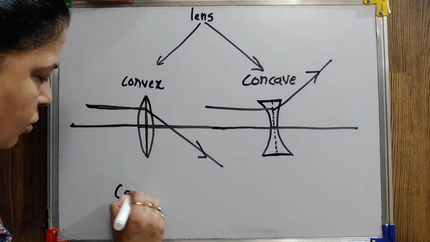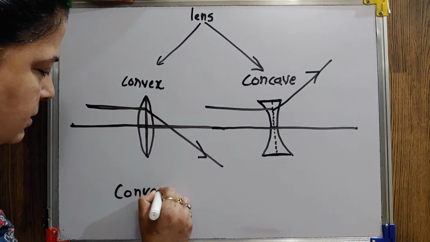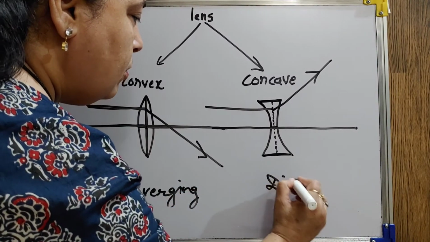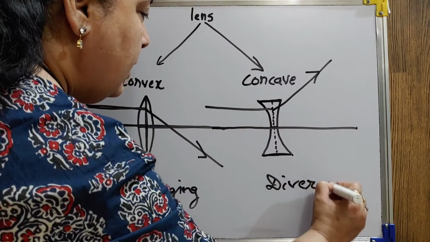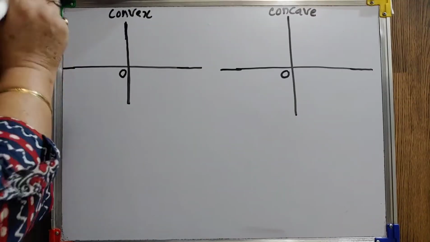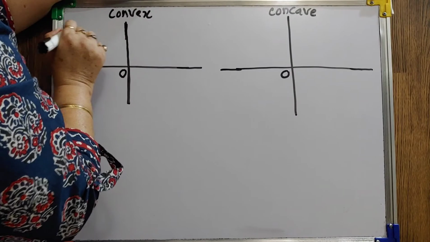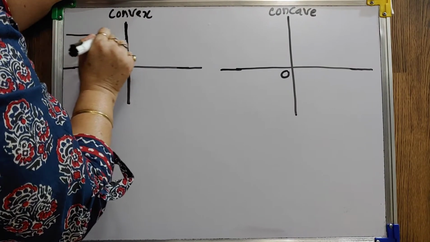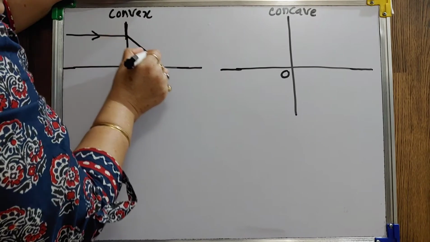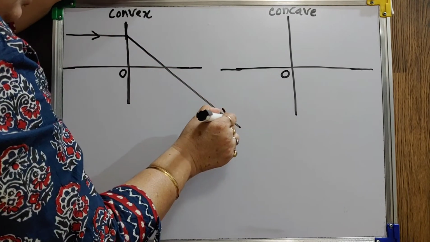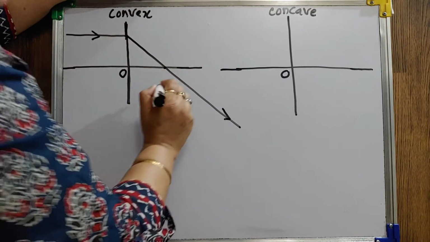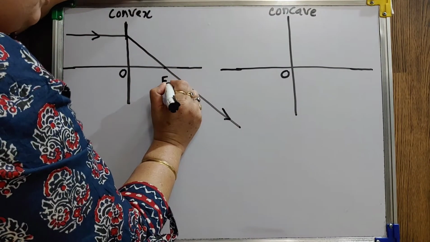Hence, the convex lens is also known as a converging lens, and the concave lens is also known as a diverging lens. This thing you have to keep in mind. In a convex lens, when you take a line parallel to the principal axis, it converges and passes through a point on the principal axis which is known as the second focus, that is f2.